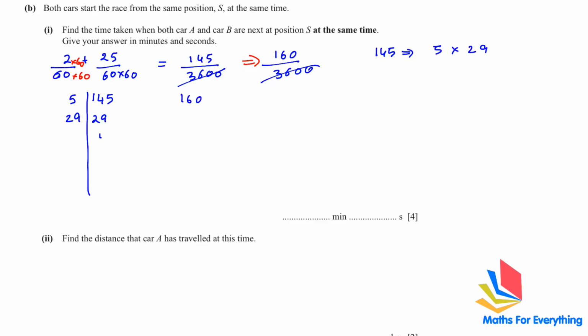Now of 160. 160 is an even number. We can divide by 2. 80 can be divided by 2. 40 can be divided by 2. 20 can be divided by 2. And 10 can be divided by 2. And 5 with 5.